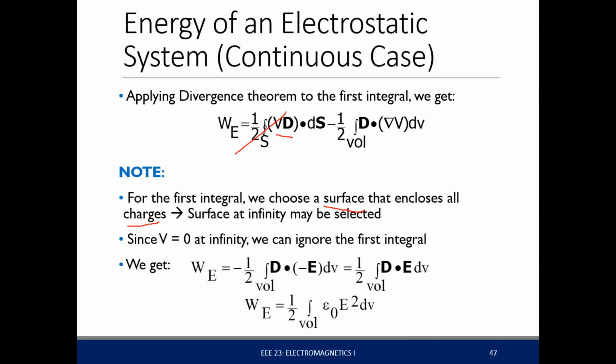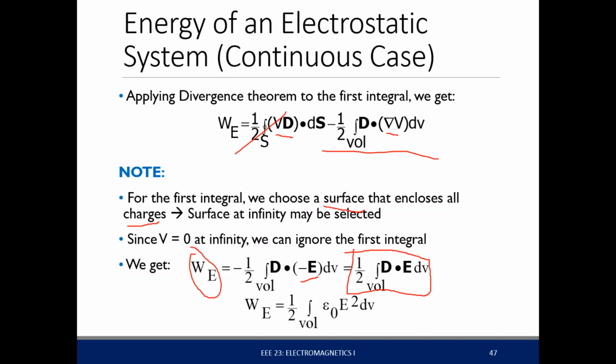And finally, we get this second equation. Since the gradient of V is equal to negative of the electric field, the potential energy due to your electrostatic charges becomes this expression right here: the volume integral of the dot product between the electric flux and the electric field.